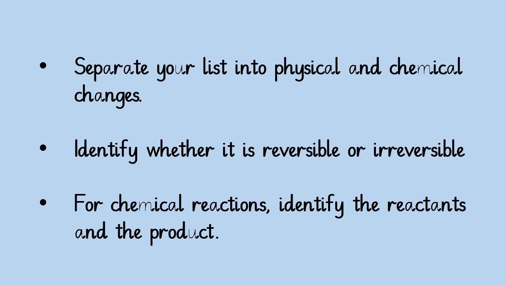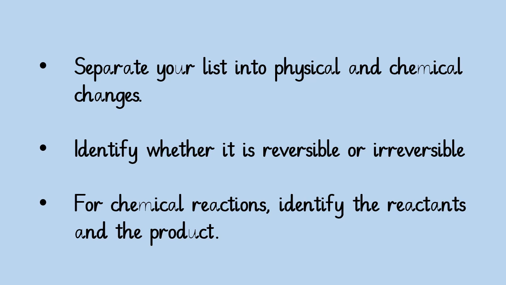So I'm going to show you some pictures, and this is your task for today. I want you to separate your page into physical and chemical changes. I also want you to separate your page into reversible and irreversible. So actually you'll have quadrants, you'll have 4 sections on your page. One will be physical reversible, one will be physical irreversible.